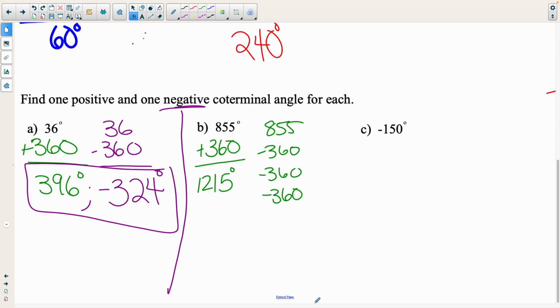I have to work harder to get the negative one. I believe I have to subtract 360 3 times. Yes. And that will get me to negative 225. Okay, so just keep subtracting 360 until it gets to be a negative number.